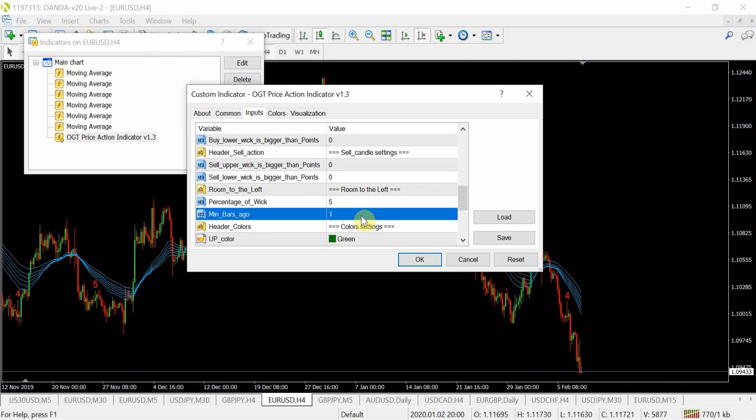There could be 2 pin bars right next to each other, but one didn't form it, and therefore price did hit the previous bar, which I don't mind happening. So I'm much less stringent around the minimum number of bars and percentage of wick, which is primarily used for counter trend trading.